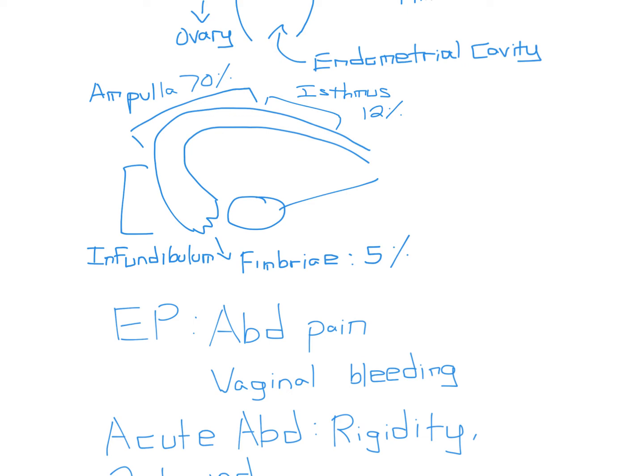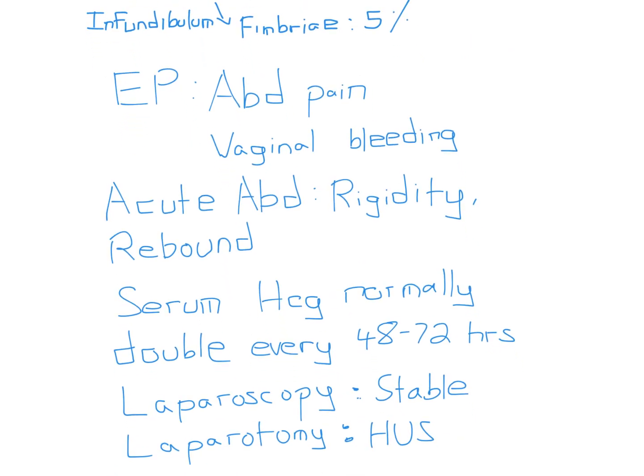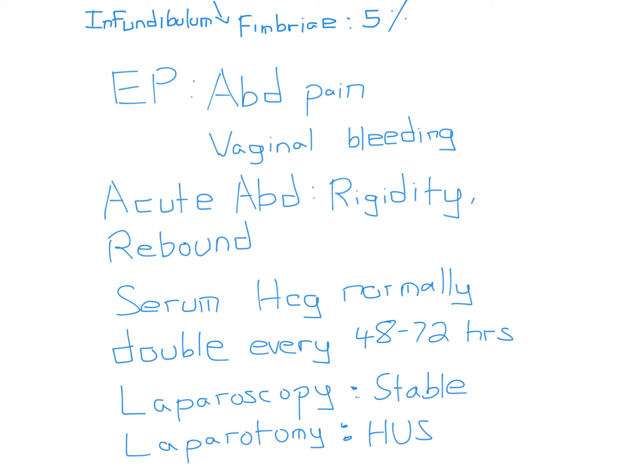So now for the clinical picture. If you have a female patient coming in of childbearing age with abdominal pain and vaginal bleeding, then first of all, if you have a patient come in with abdominal pain, the differential is huge. It could be anything. But then on top of that, if it's a female patient, you always have to rule out pregnancy because that's not something you want to miss.